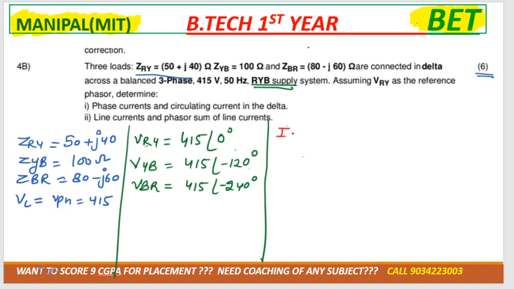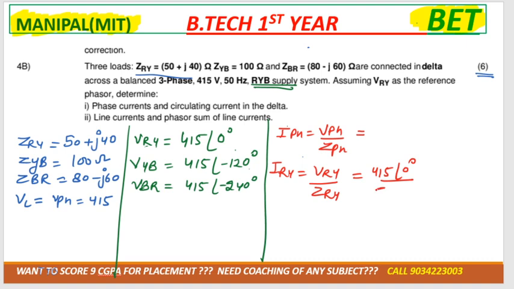So according to Ohm's law, IPH is equal to VPH by ZPH. VPH means IRY would be equal to VRY by ZRY. VRY is known, 415 angle 0 degree. ZRY is 50 plus J40, right? IYB is equal to 415 angle minus 120 degree, and ZYB is 100.